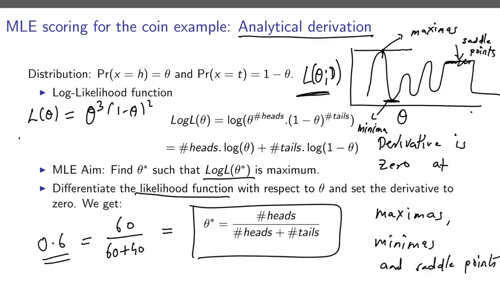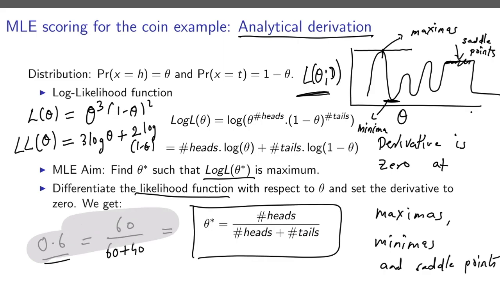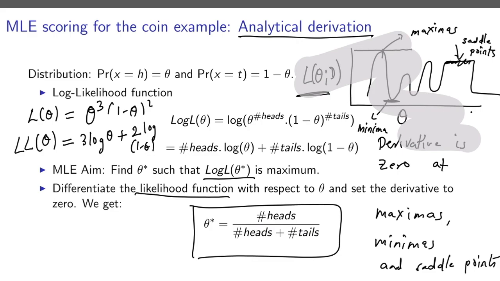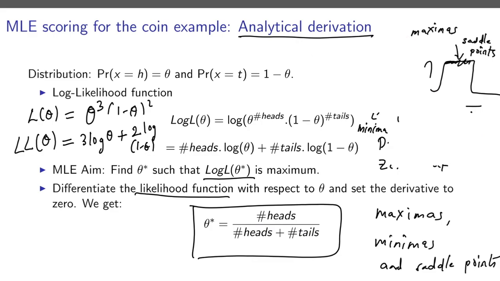So let's consider the log likelihood of data with respect to theta. This is nothing but 3 times log of theta plus 2 times log of 1 minus theta. Now let me erase some of the drawings and take the derivative of the quantity that is given on the slide with respect to theta.